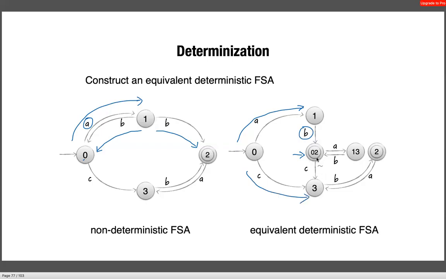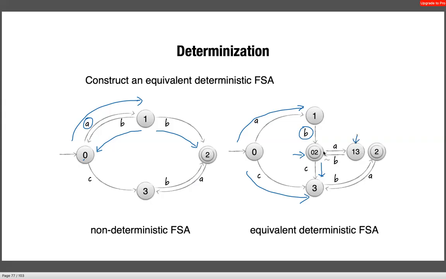And then from {0, 2}, if you see the label C, then you transition to state 3. Okay, now from {0, 2}, if you see the symbol A, from 0, if you see A, you transition to 1. And from 2, if you see A, you transition to 3. Okay, which means now you have a new set of states, which is {1, 3}.